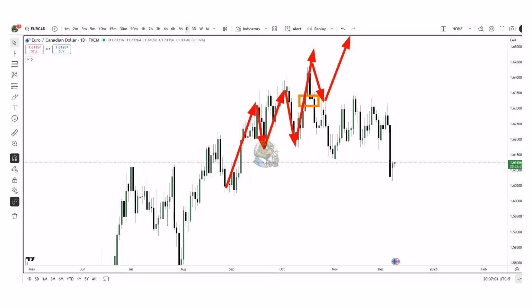But what happens instead? After taking out this liquidity, the external range liquidity, the market reprices lower and does not respect this bullish fair value gap to go higher. Instead, the market creates a bearish fair value gap, from where we can now assume that the market sentiment has turned around.